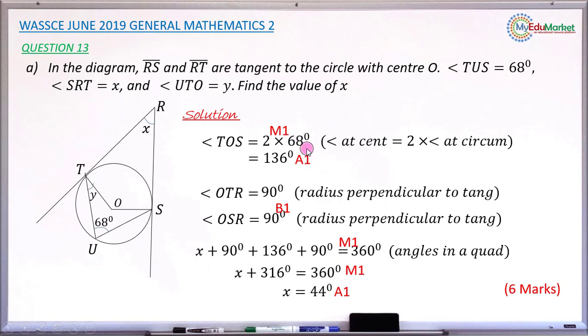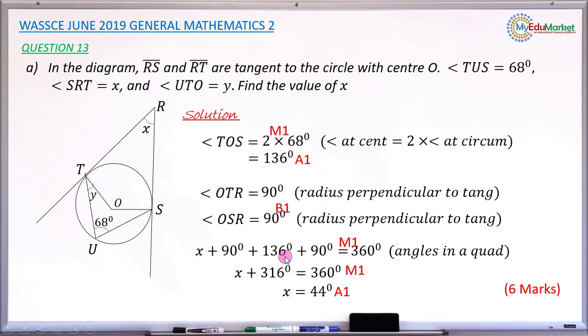And when you have the angle at the center as 136 degrees exactly, you have this accuracy 1 mark. And when you have any of those angles using radius perpendicular to tangent, you have this bonus 1 mark. And when you add the 4 angles and equate to 360 degrees, you have this method 1 mark.